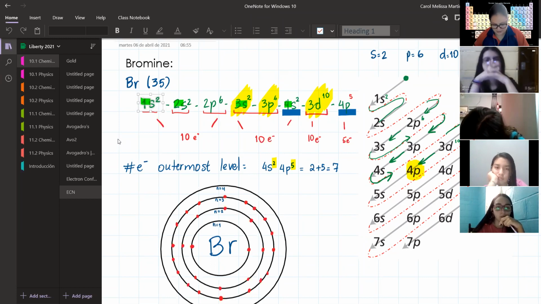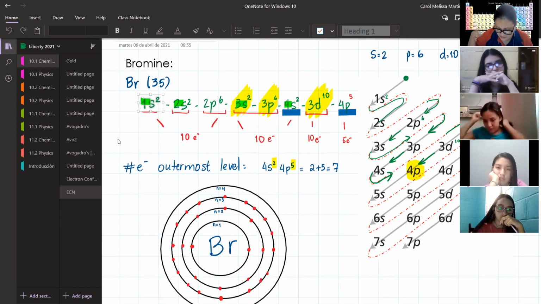And I didn't understand where you got the outermost level, the 4s2, and why you chose those numbers. Because I take the numbers with the greater coefficient.